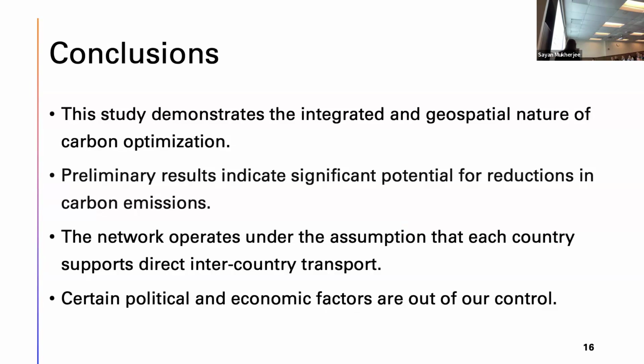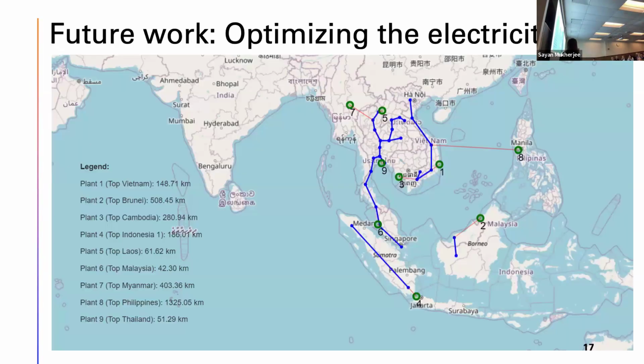So looking into the future, like I mentioned before, we're looking at the electricity grid. So what you're looking at here, these blue lines are the current transmission lines within the Southeast Asian region. So they are the main ways to transport power around these countries. And of course, as we know, you need power to run almost everything these days.